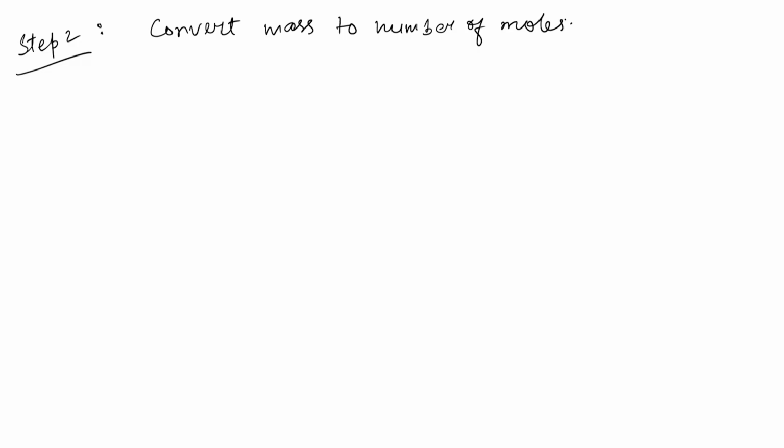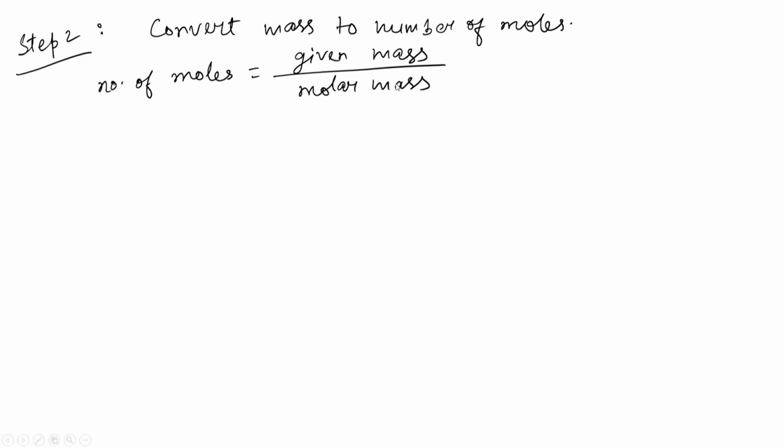We have already learned the formula of conversion of mass to number of moles. So, what was this? Number of moles is equal to given mass by molar mass. Okay. So, first we will find out number of moles of hydrogen.